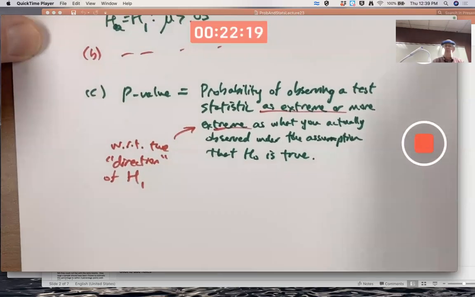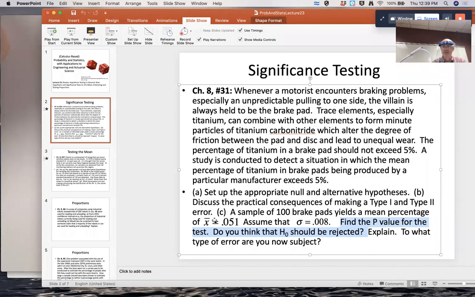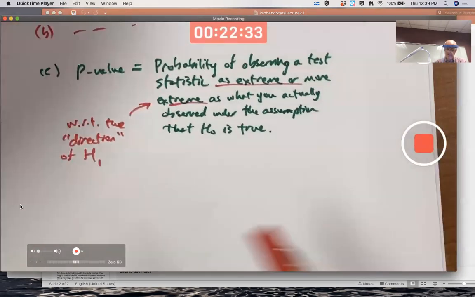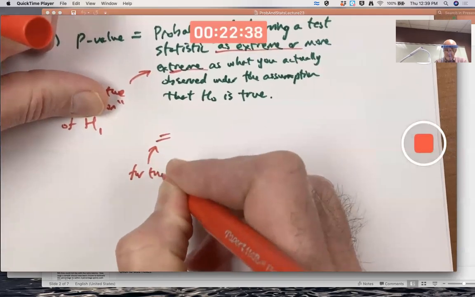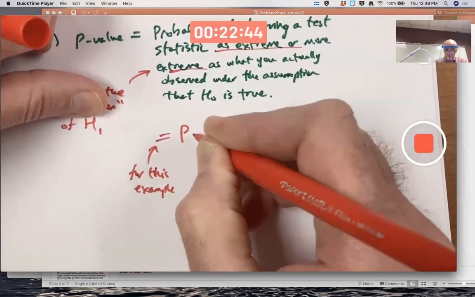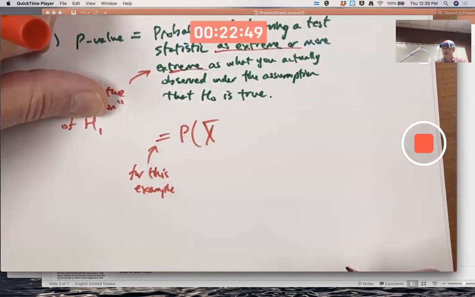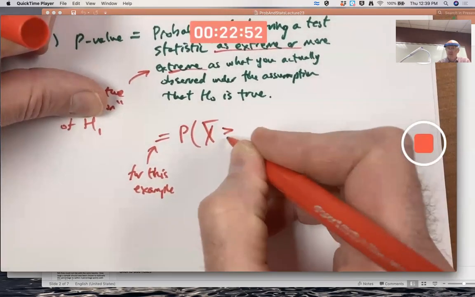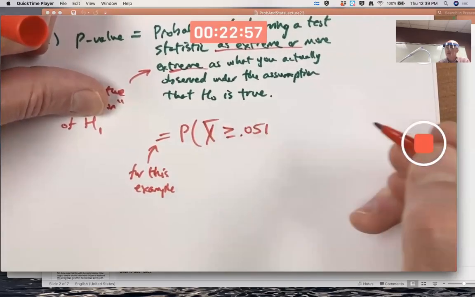So what does this turn out in this problem? What did we actually observe? We observed a sample statistic, x bar equals 0.051. It's a right-tailed test, so as extreme or more extreme means greater than or equal to 0.051. So for this example, the probability that, call it capital X bar, not lowercase x bar, is greater than or equal to the lowercase x bar, the observed sample mean that we found, 0.051.